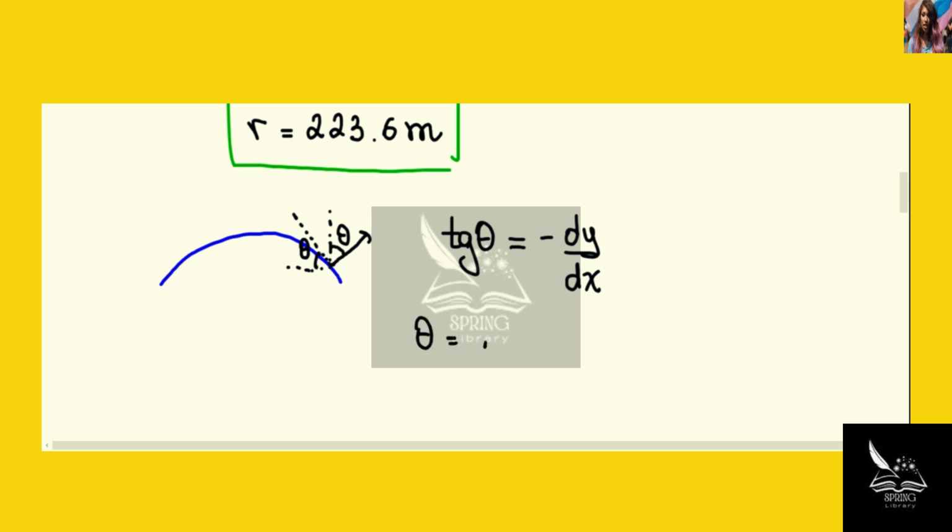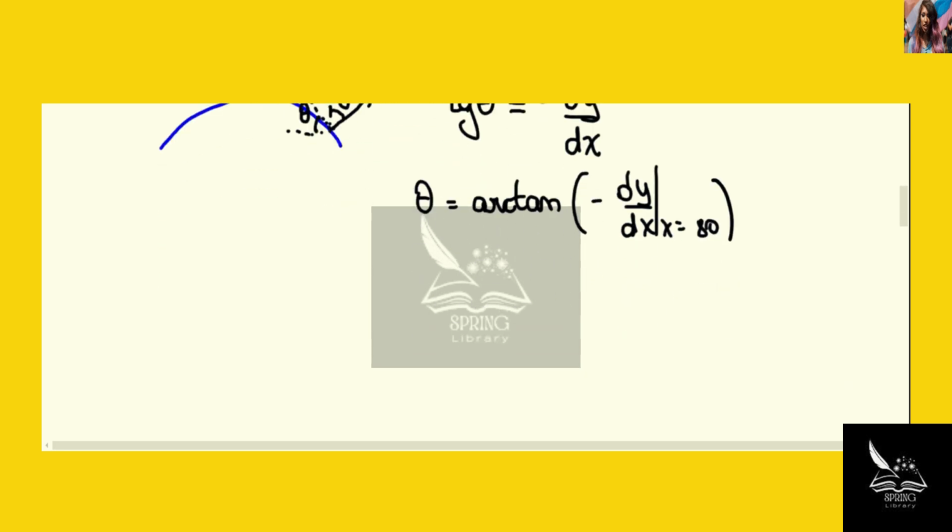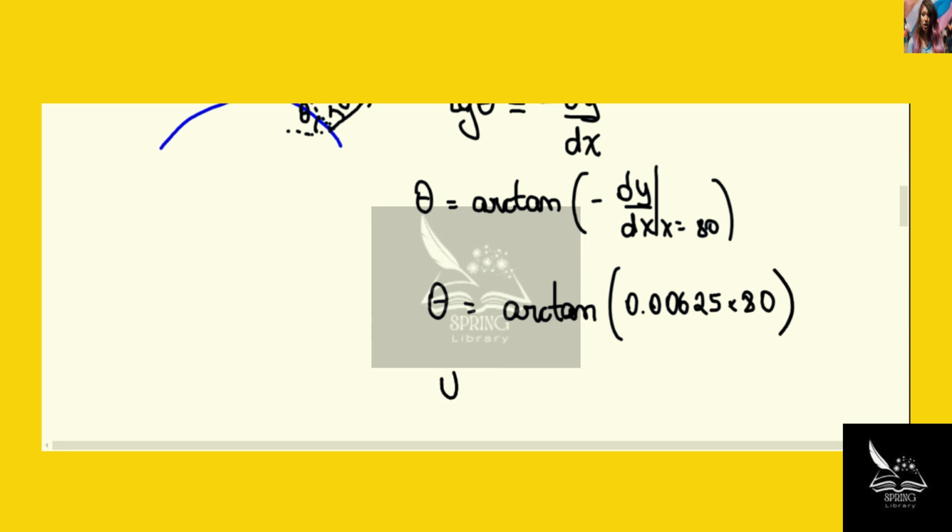So theta is the arc tangent of minus dy dx when x is equal to 80. So theta must be the arc tangent of 0.00625 times 80 meters. So theta is 26.6 degrees.